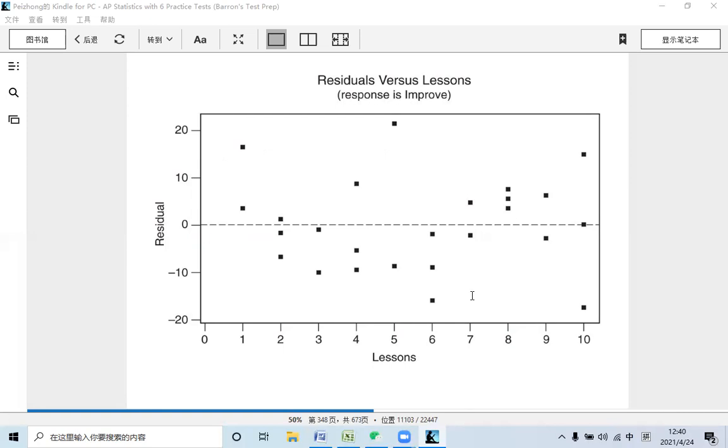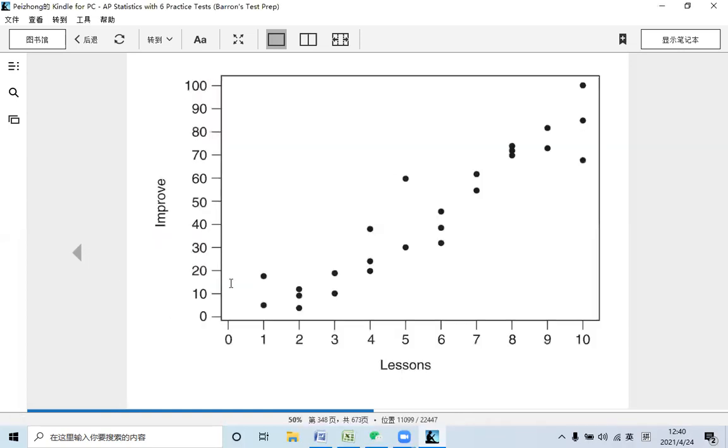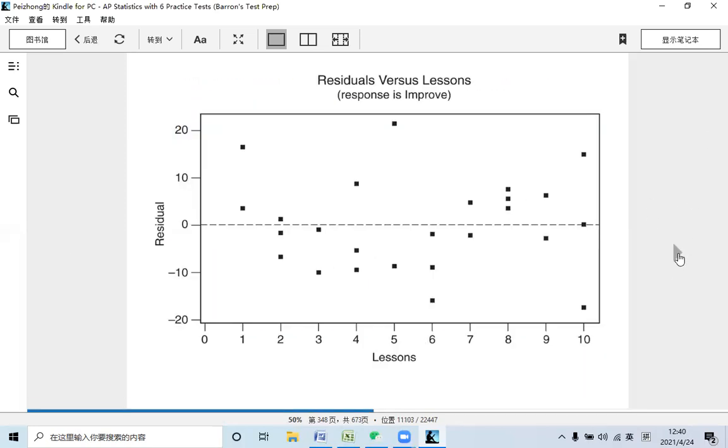Your observed score is smaller than your predicted score. And then you plot the residue of all those data points. See how many data points do we have? You calculate the residue for each person. And you plot it here.